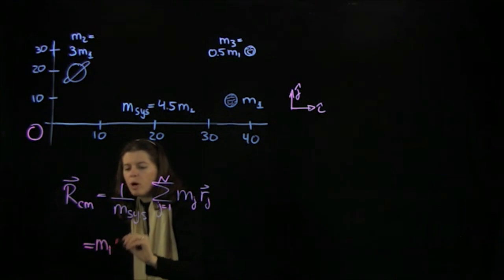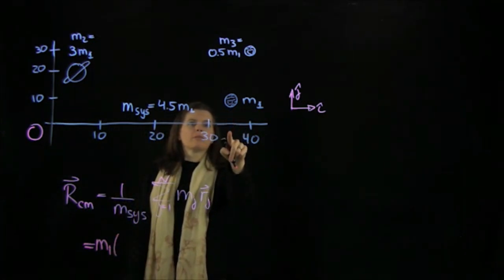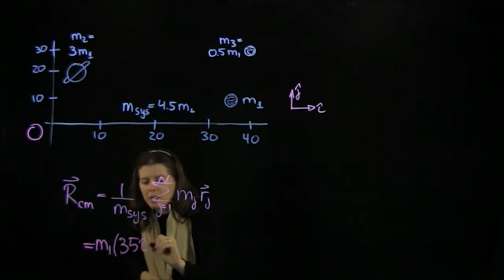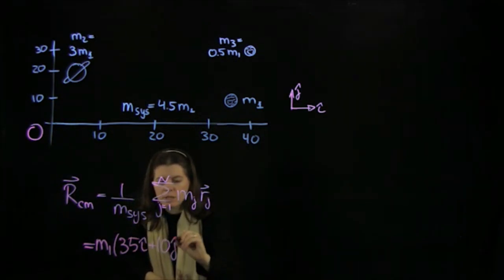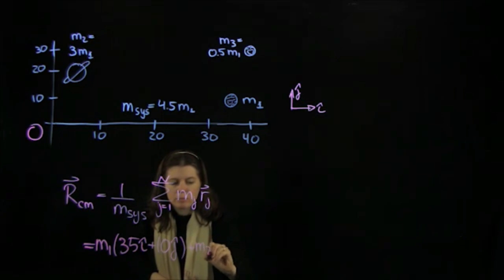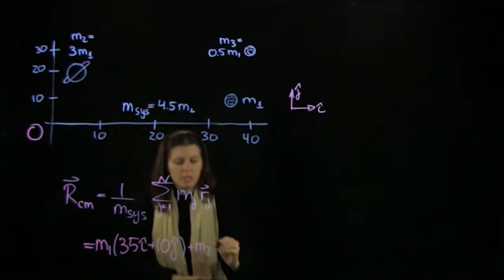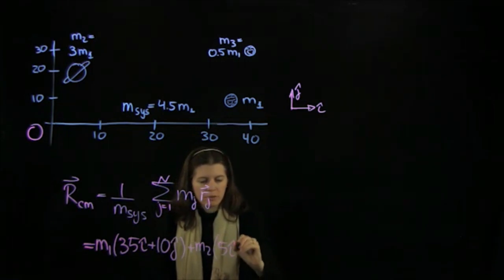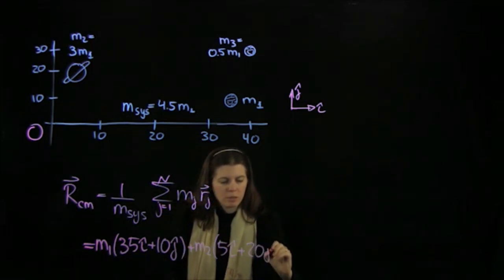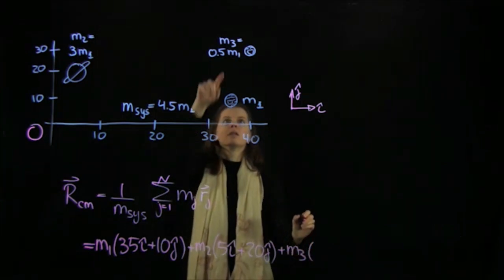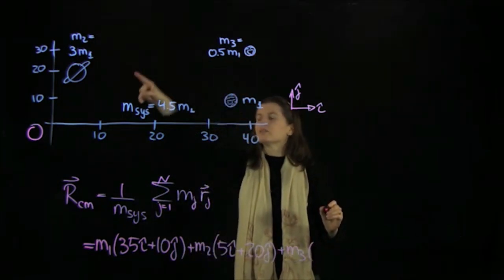So let's write this out. We have m1, and we're going to have 35 and 10: 35 i hat plus 10 j hat, plus m2. That's going to be 5 and 20. And then m3, we have 40 and 30.